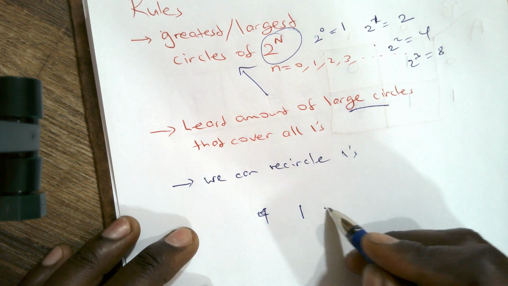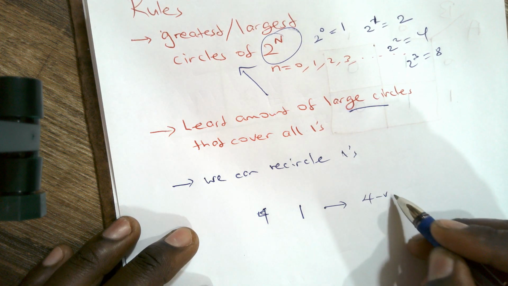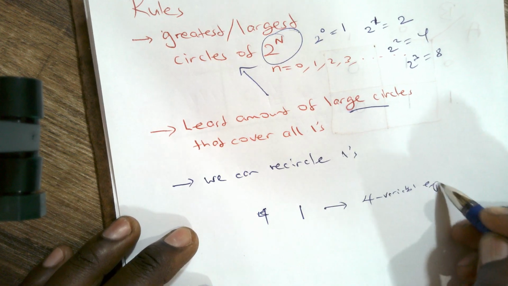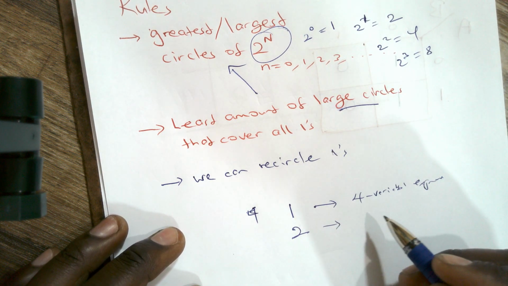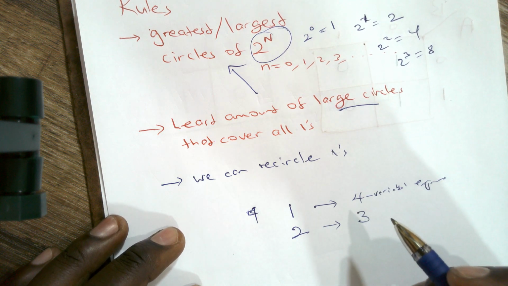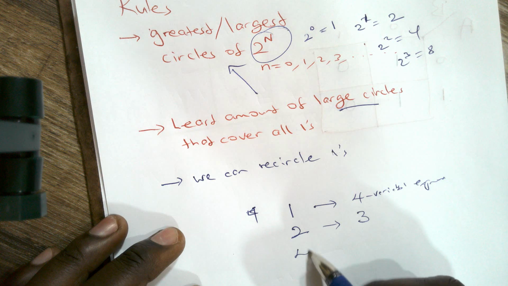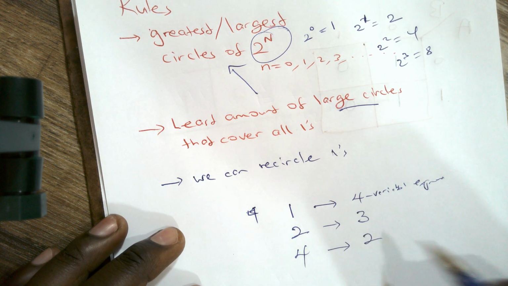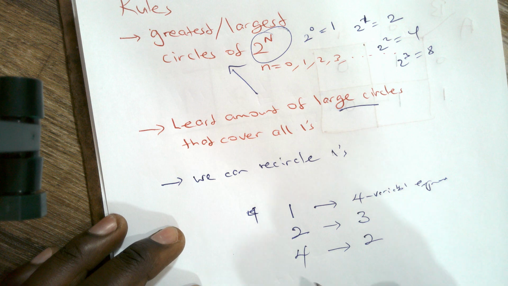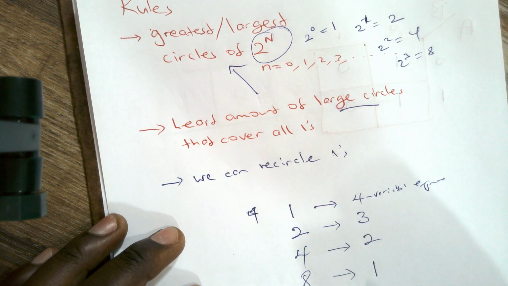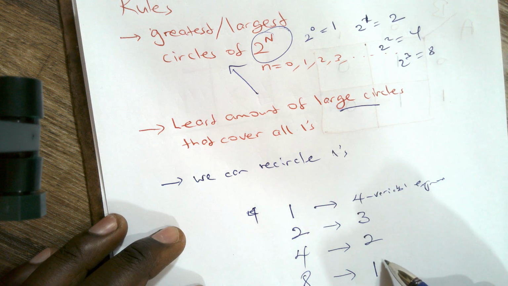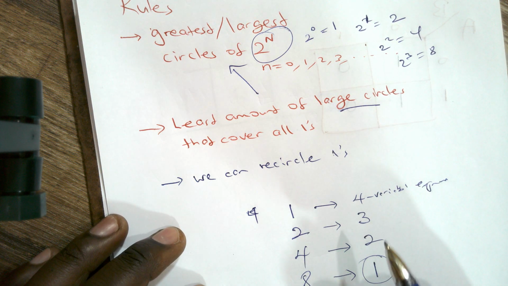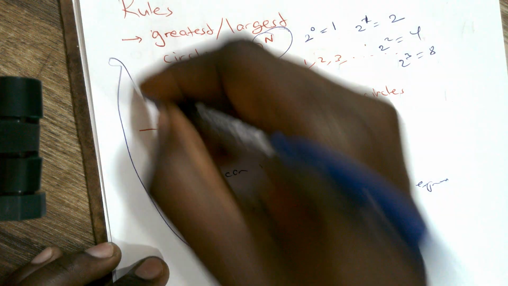From a 4-variable Karnaugh Map, that is going to give a 4-variable expression. If we circle 2 ones, it's going to give us a 3-variable expression. If we circle 4 ones, it's going to give us a 2-variable expression. If we circle 8 ones, we're going to have a 1-variable expression. So the more ones we include in a circle of powers of 2 to the n, the smaller the expression. And that is tied to rule number 1.